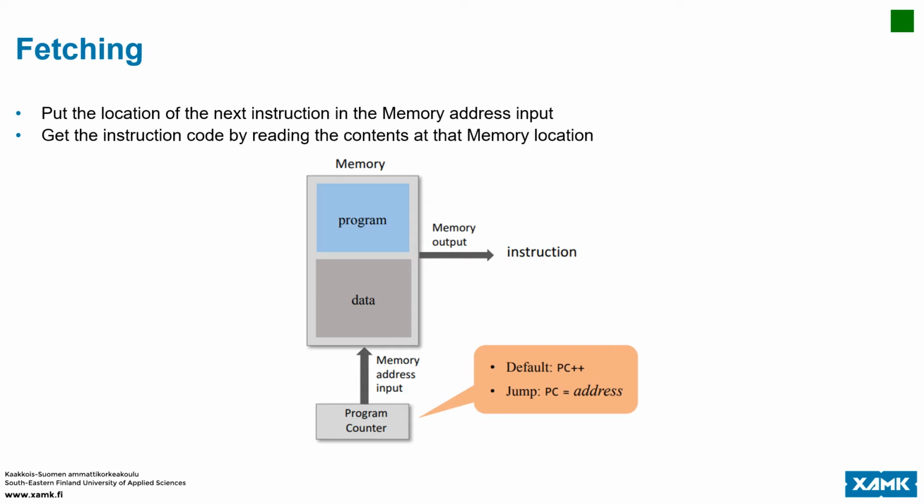And at the same time we need to update the bookmark of where we are reading instructions. As mentioned before, this bookmark, which point we are at in reading these instructions, is called the program counter. So we need to update the current address in the program counter at the same go.